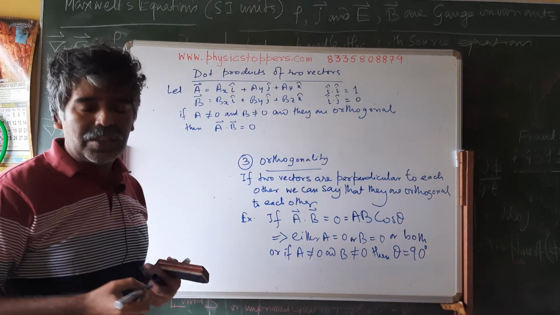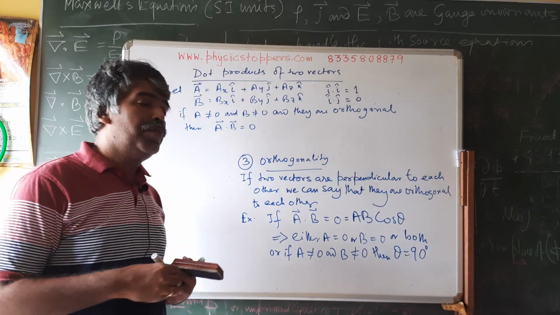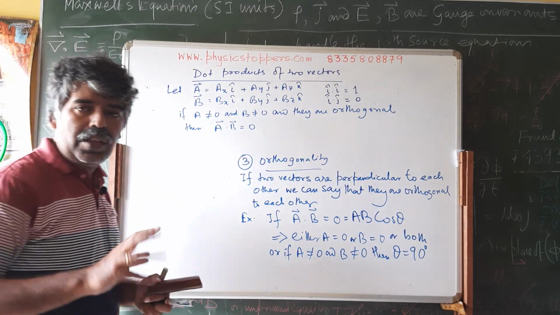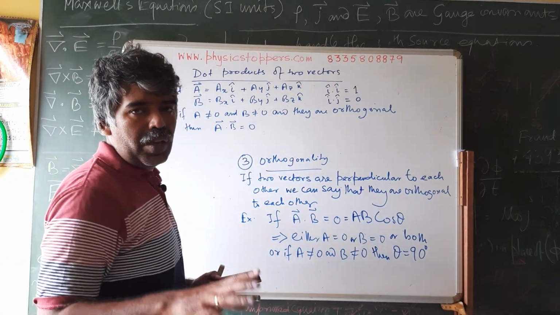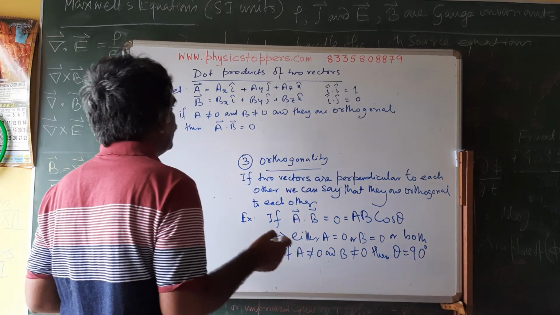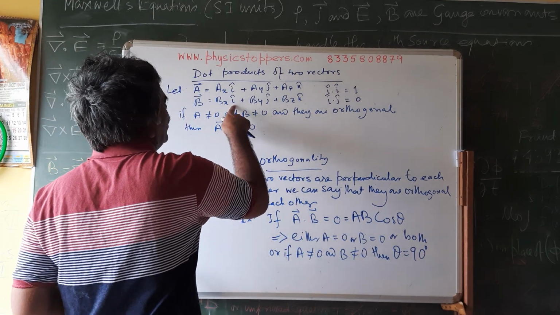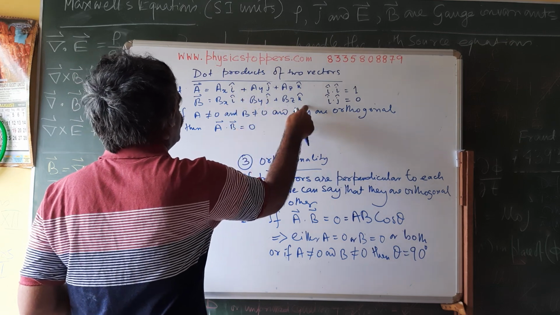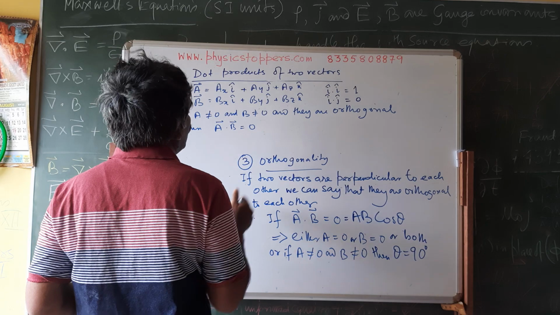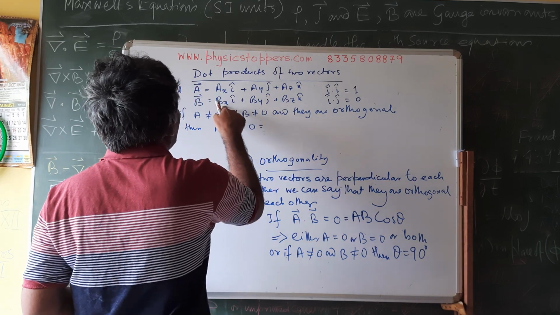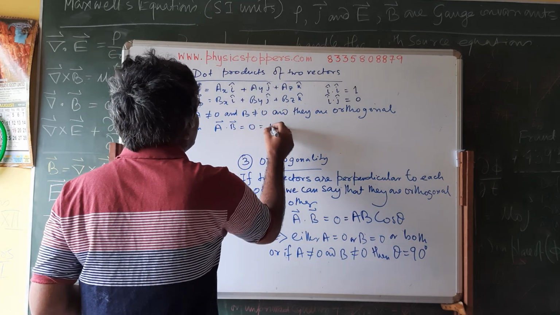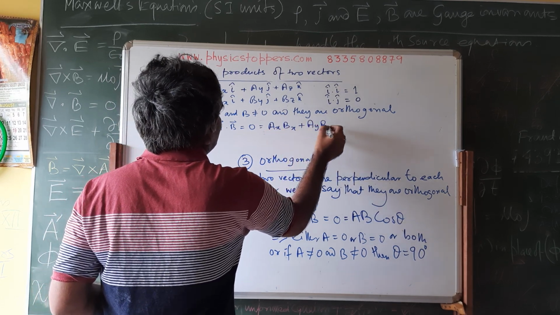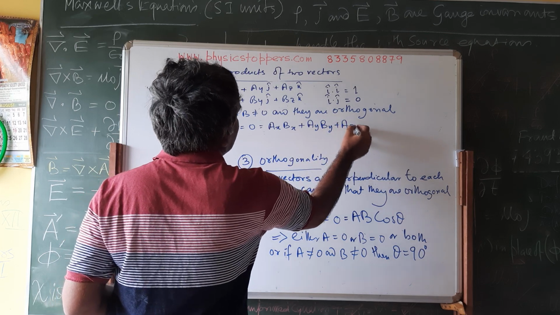Same, j dot j is 1, k dot k is 1, but if you take different ones like I dot j or j dot k or k dot I, also the other way, I dot k, j dot I, etc., all will vanish. So there will be no cross terms, only Ax Bx, Ay By and Az Bz. So this is Ax Bx plus Ay By plus Az Bz.